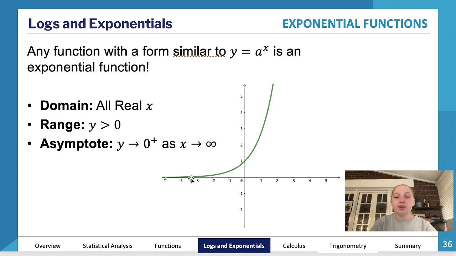For this one we have all real x, so this will keep going down and down, and this will go up and up until it keeps going wider and hits all the x values. And like the log, we've flipped our domain and range essentially. So now our range is y greater than 0, whereas with the log, it's our domain that's x greater than 0.